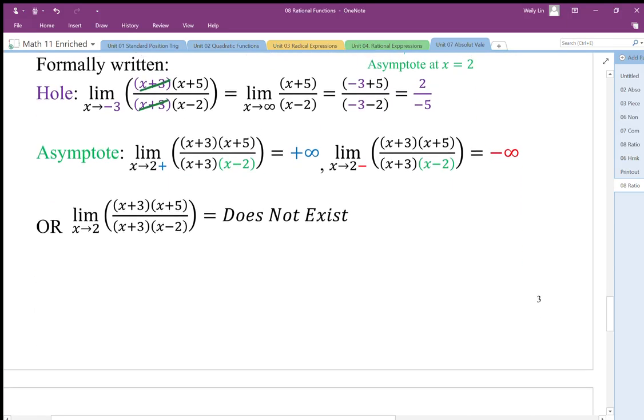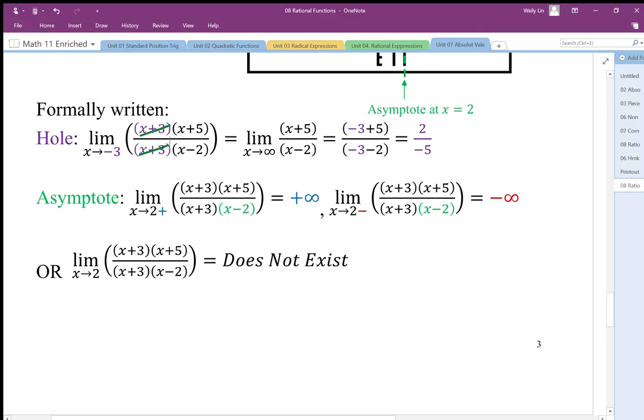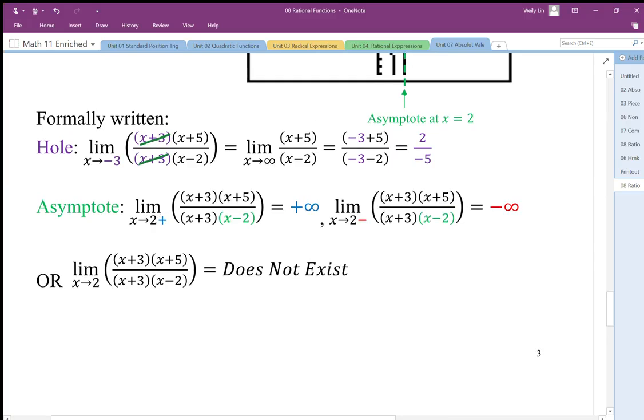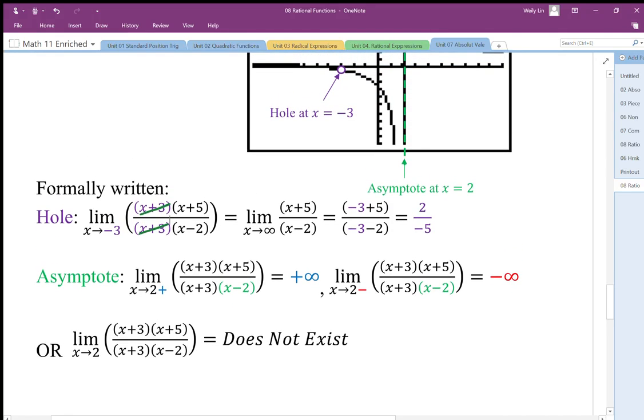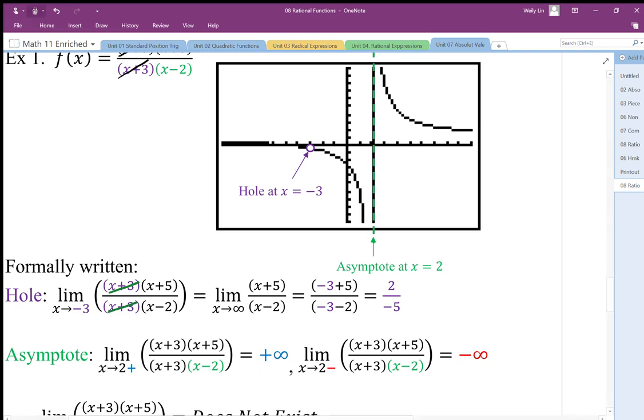To show a vertical asymptote, in this case, our vertical asymptote is happening at that +2 value. And as we approach +2, this plus on this side indicates that we are approaching it from the right-hand side. So that plus does not mean +2. It means that we're approaching the limiting value from the positive side.